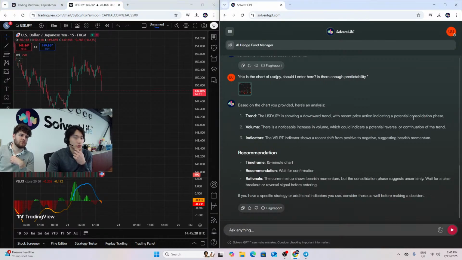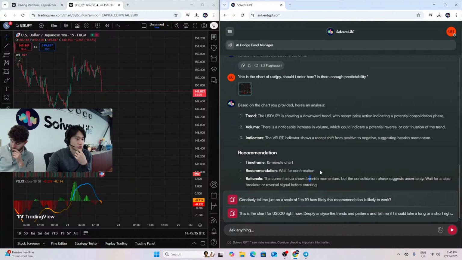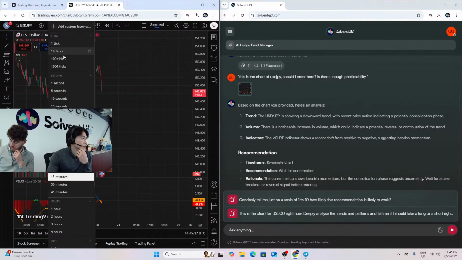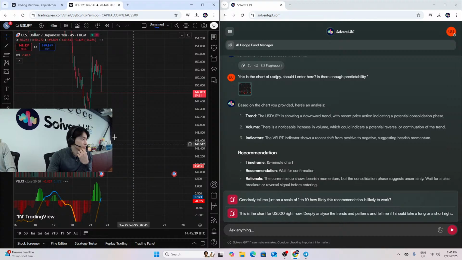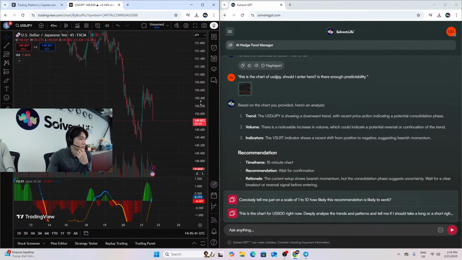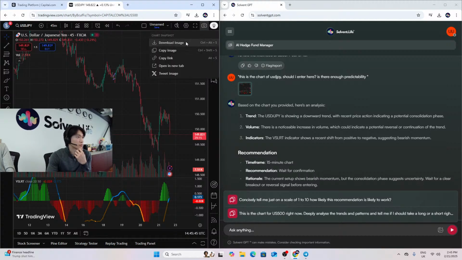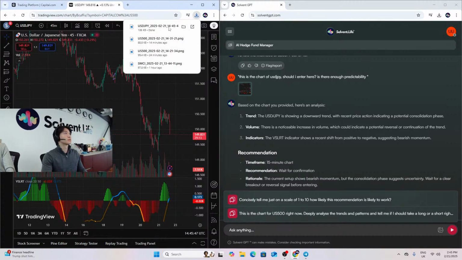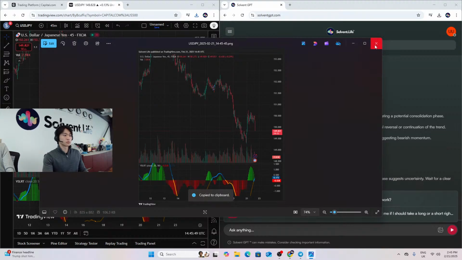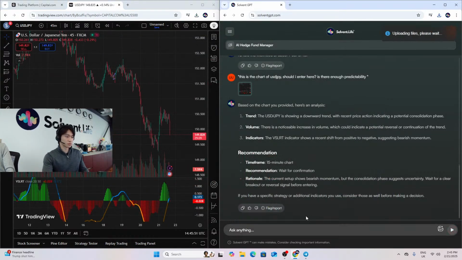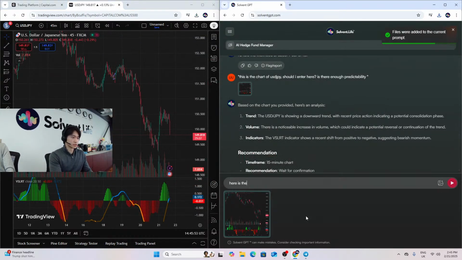Showing a downward trend, potential consolidation phase here in the next few minutes. It says wait for confirmation. Why don't we zoom out here?